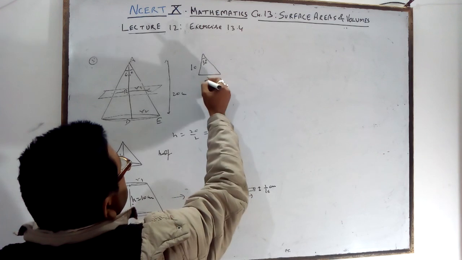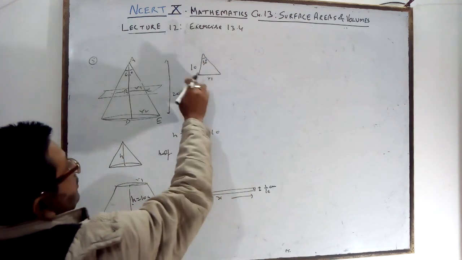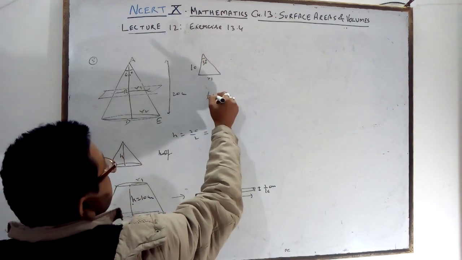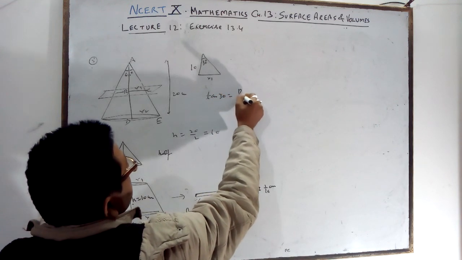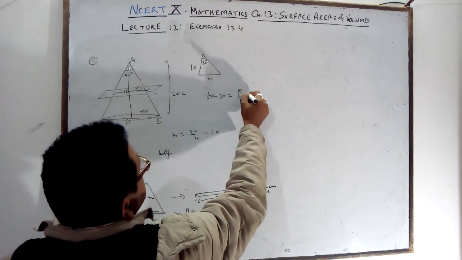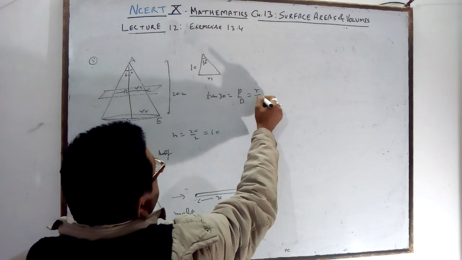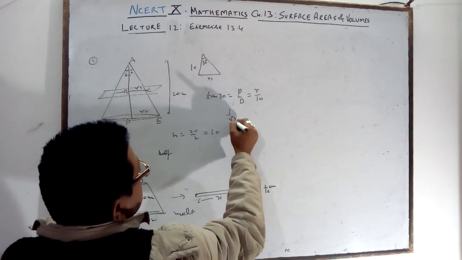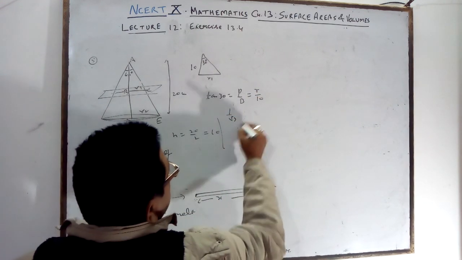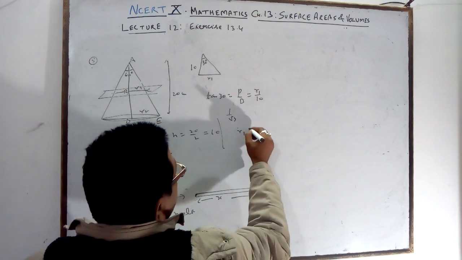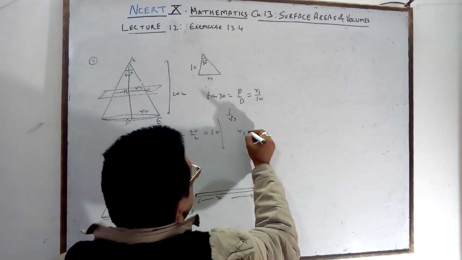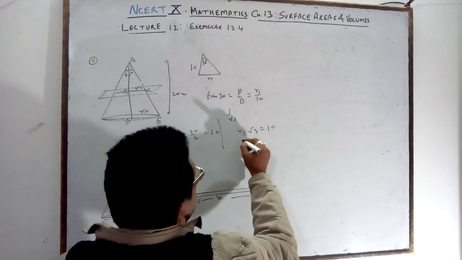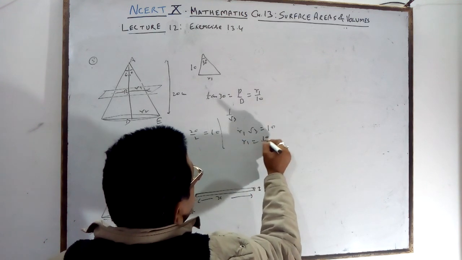What will you get? By P upon B, tan 30 is equal to P upon B, that is R1 upon 10. Tan 30 is 1 by root 3. So R1 root 3 is equal to 10, then R1 is equal to 10 by root 3.